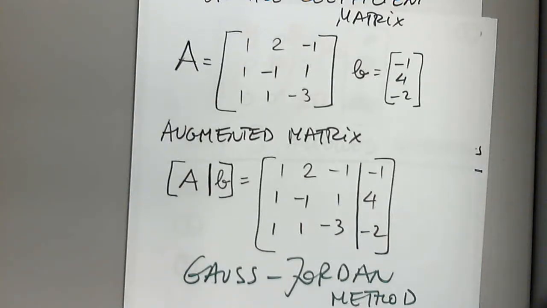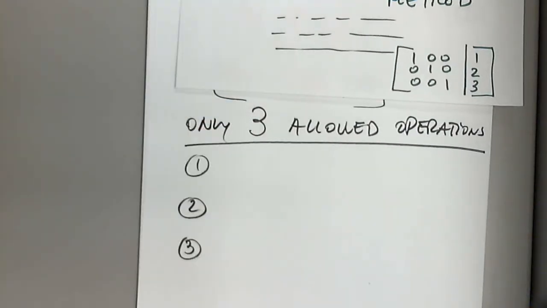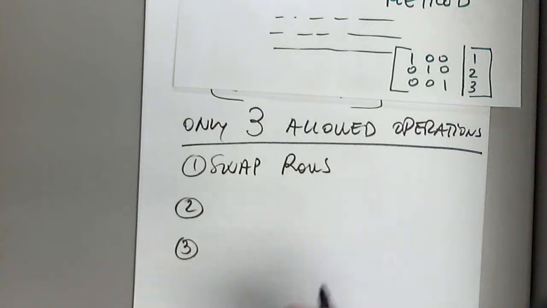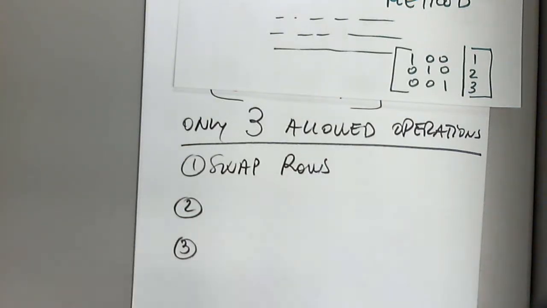It doesn't matter. If I consider equation 1, 2, 3, or equation 3, 2, 1, I will still get the same answer at the end. It doesn't matter the order I present them in the augmented matrix. Is that clear? So that's the first allowed operation. For whatever reason, I'm allowed to swap rows. I know each row is an equation, so I'm allowed to swap rows.